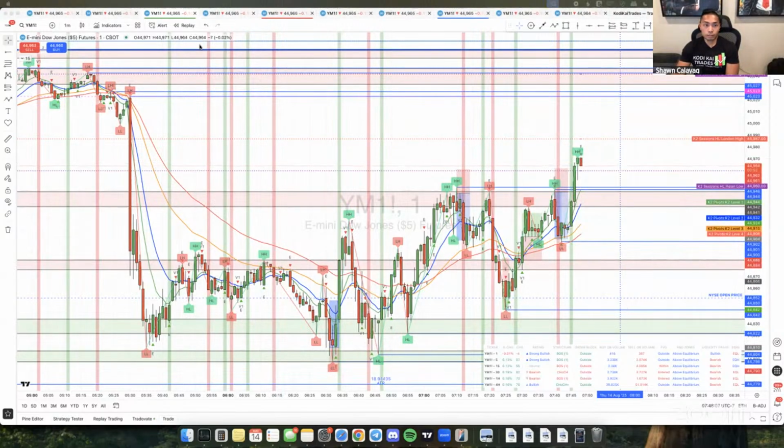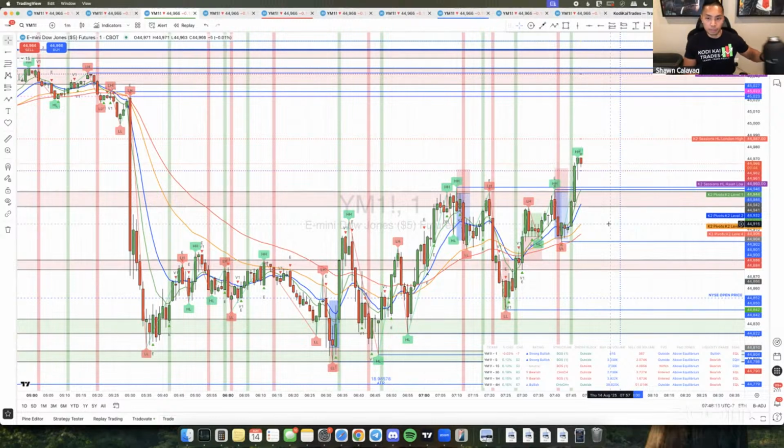Right. So we do have price pushing above right here. No entries for us to take. This could be a possible MPSV2 setting up, but nonetheless, no entries here at the moment.